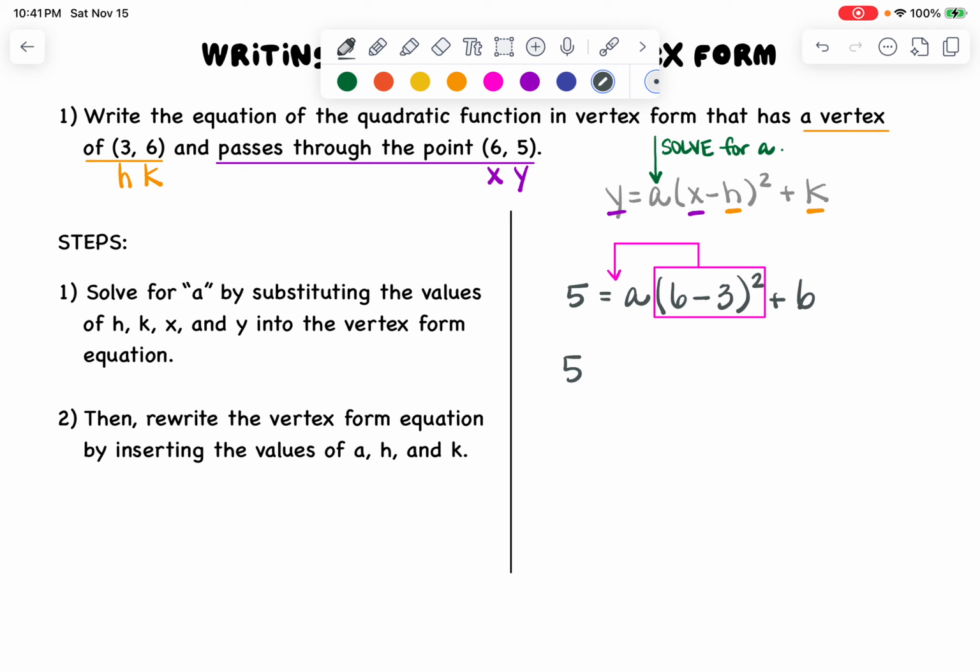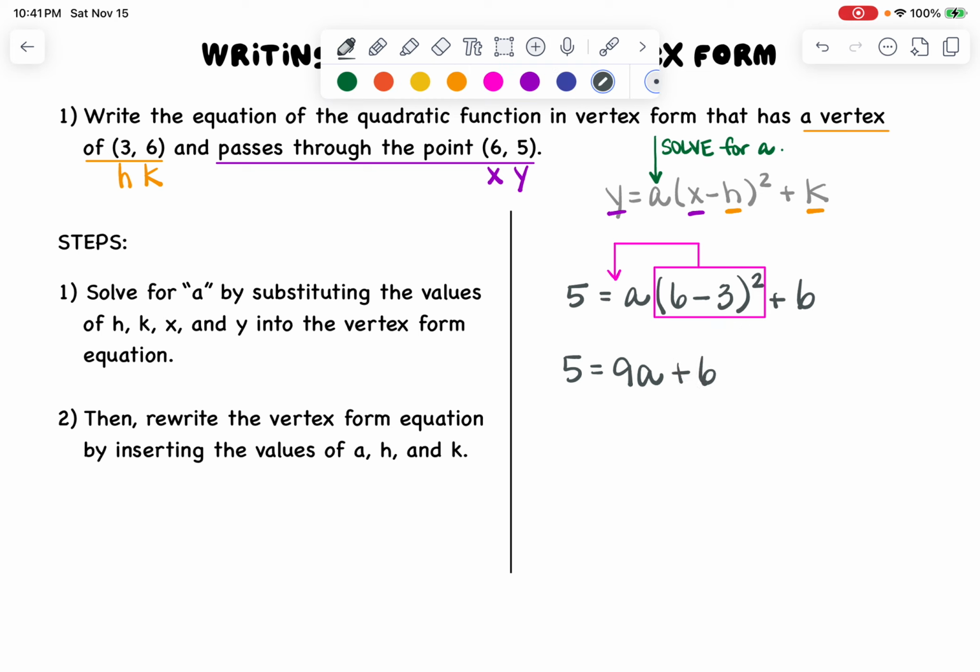So here we go. I'm going to write 5 equals, okay, let's do the math right here. 6 minus 3 is 3. 3 squared is 9. But I'm going to put that 9 in front of the a instead of behind it, because a9 just looks weird. Okay. And then I'm going to bring down the plus 6.